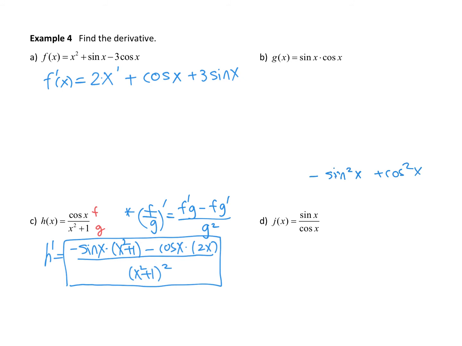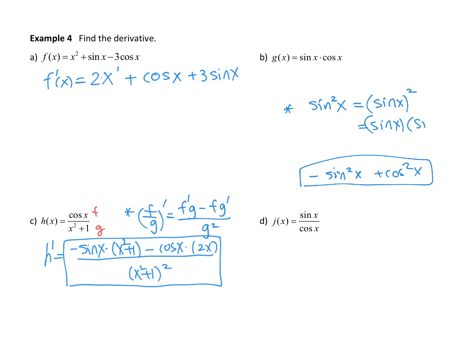Again, in terms of notation, when you see sine square x like this, it basically means sine x squared, which means sine x times sine x, right? So here we kind of use our notation slightly differently.